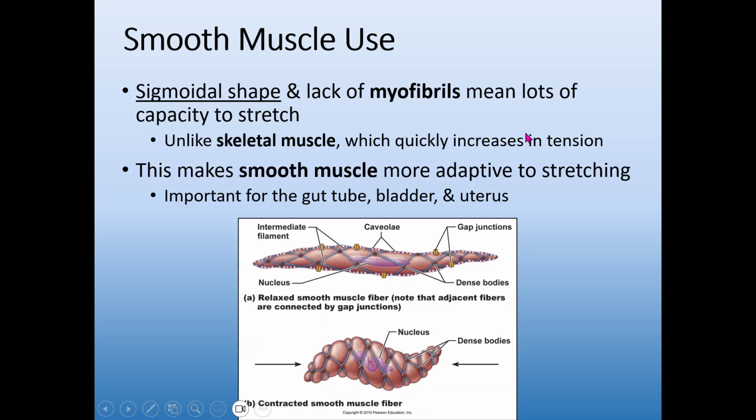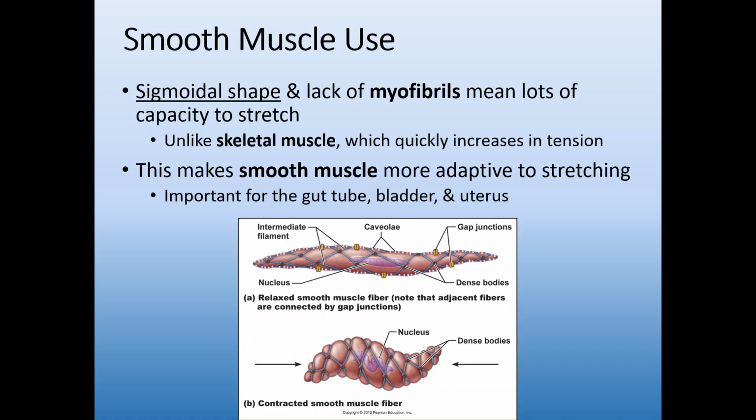So the sigmoidal shape, that S structure, the lack of those distinct myofibrils and instead having that random assortment of actin and myosin bundles means that our smooth muscle can really stretch. It does contract, it absolutely constricts, but its best quality is the fact that it can stretch to accommodate things.